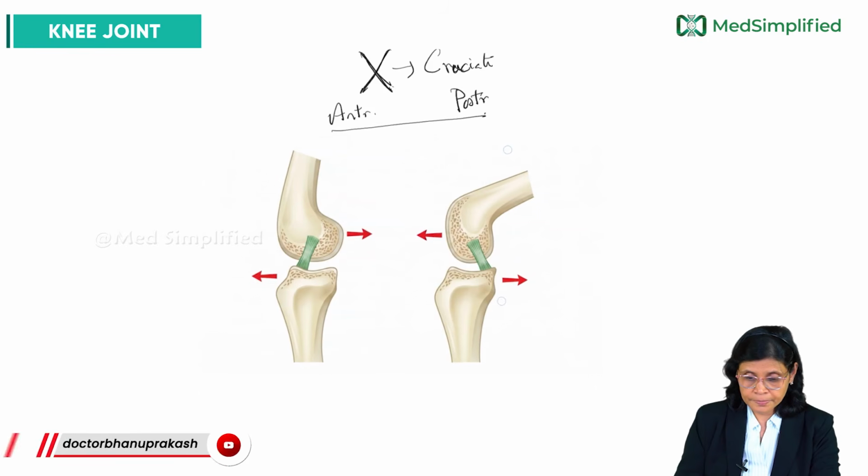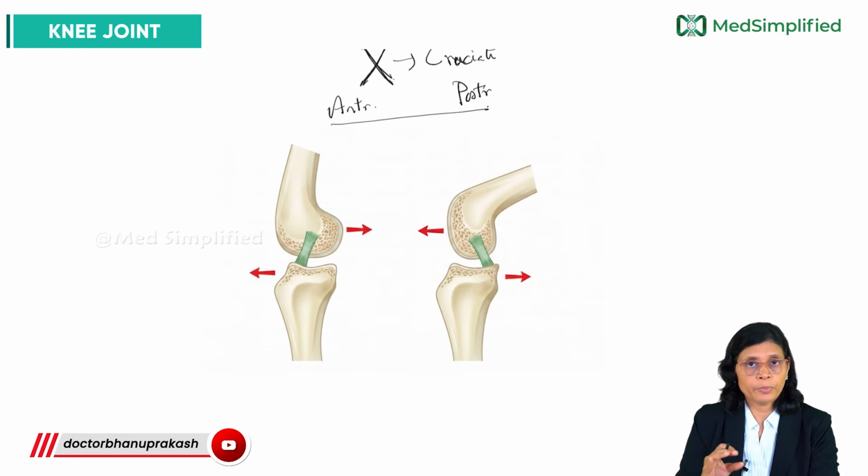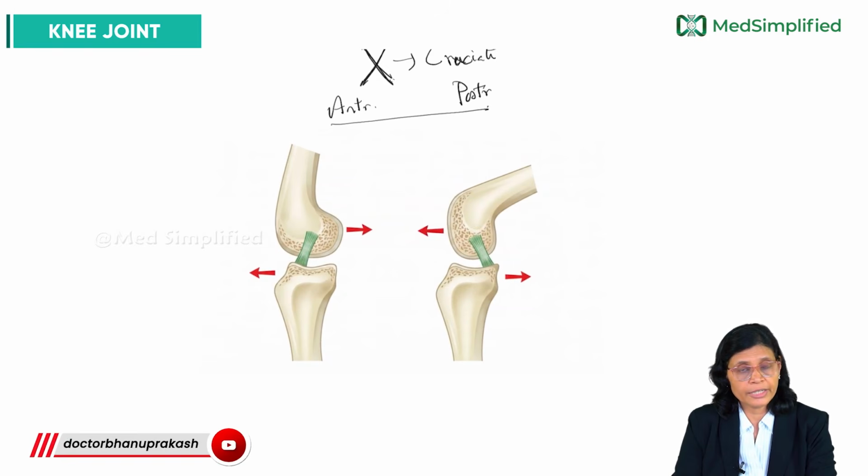Here, one thing you have to remember about cruciate ligaments is that they are intracapsular but extrasynovial, because we see them near the intercondylar area, where the attachment is outside the synovial sheath but inside the capsule.